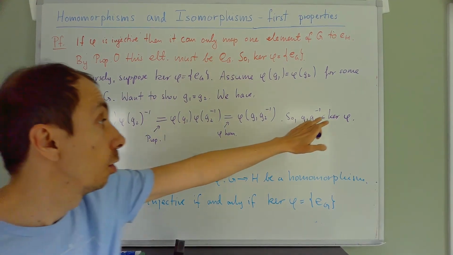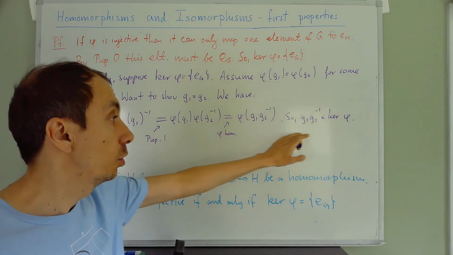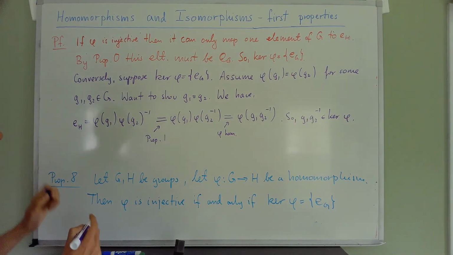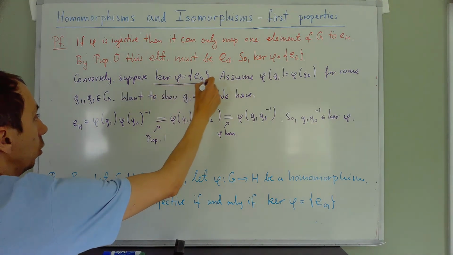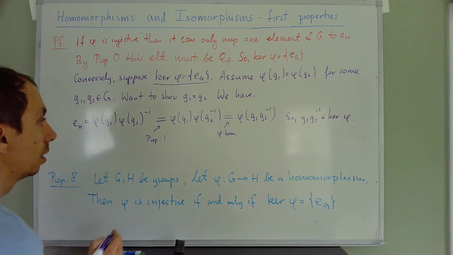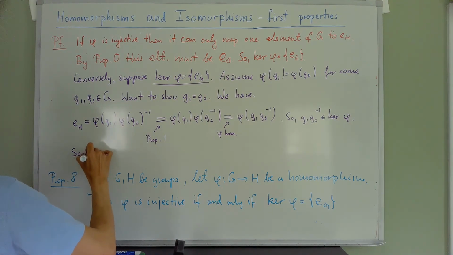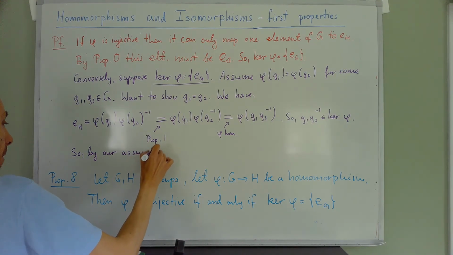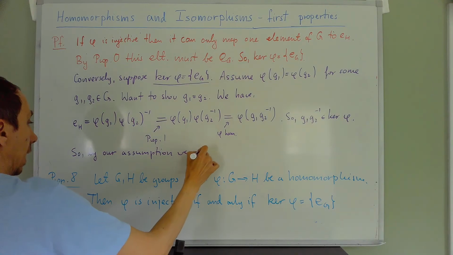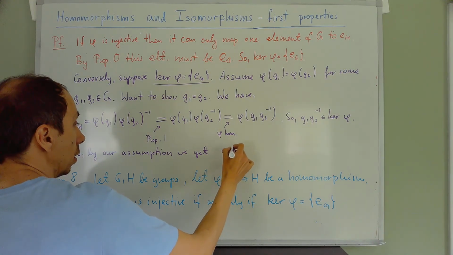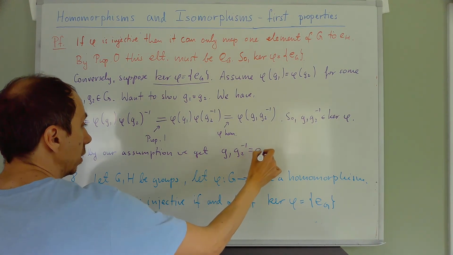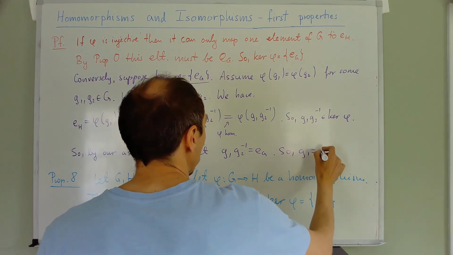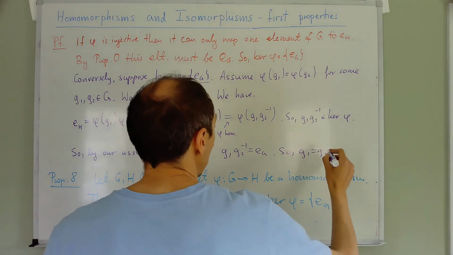Right? What's the kernel? The kernel is the elements of G which are mapped to the identity. So G1 times G2 inverse is in the kernel. But what did we assume about the kernel? We assumed that it only consists of the identity in G. So by our assumption, we get that G1 times G2 inverse is the identity in G. So G1 is equal to G2, as desired.